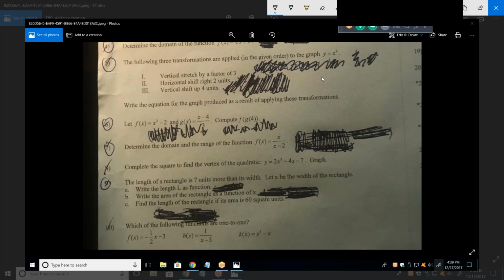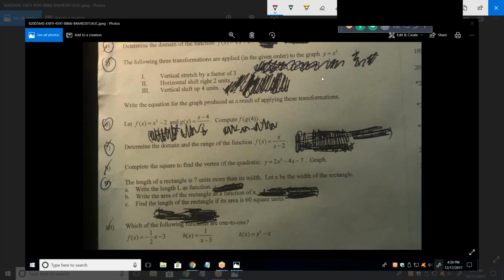All right, determine the domain and range of that function. Let's do the easy one first. Domain, always easier than range. So it's 2. Isn't it negative infinity, comma 2, and then is that our union, and then 2 to infinity? Yeah, it's all real numbers except 2.